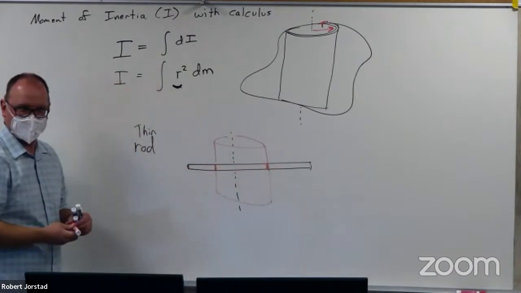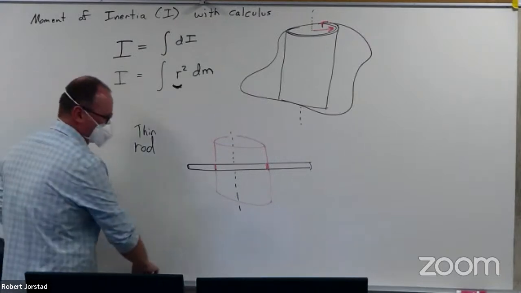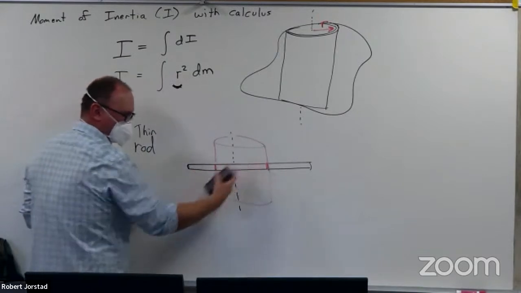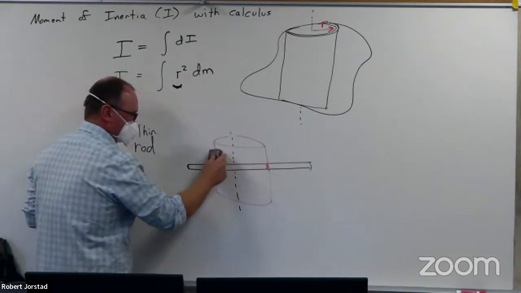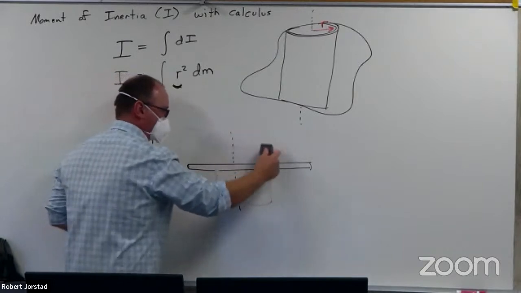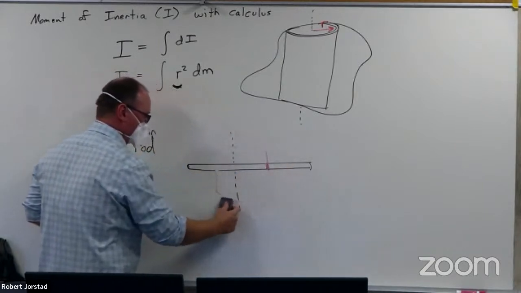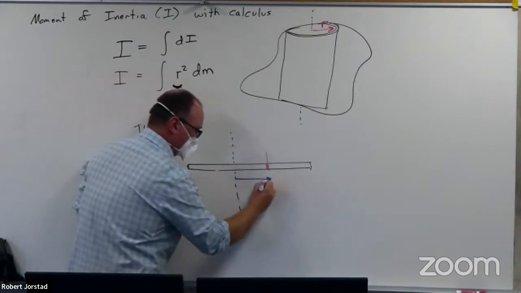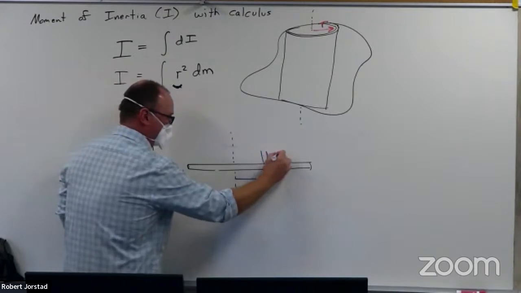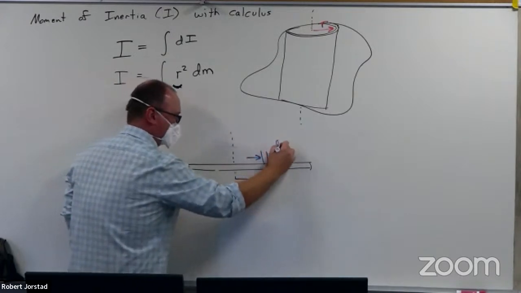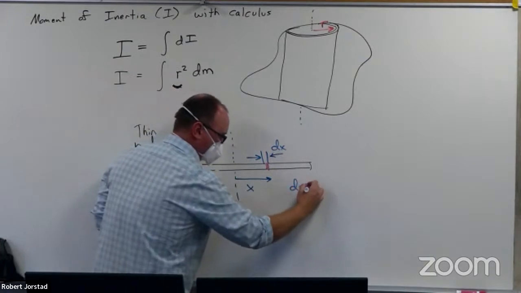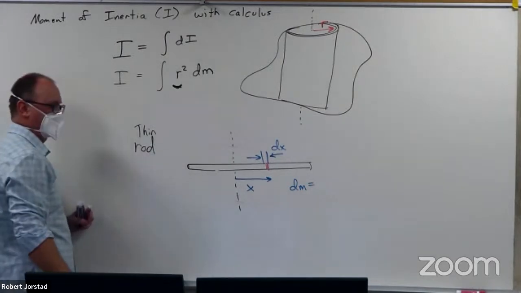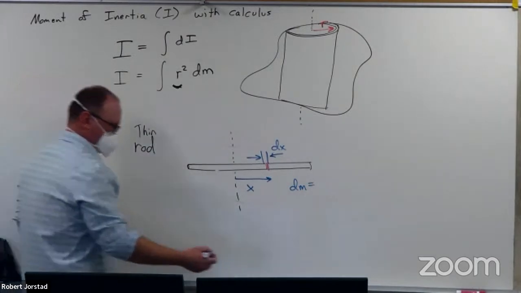So we cheat the system and say, instead of doing this integral, all I have to do is add up all the mass chunks. So I'm going to erase the cylinder completely. This is a good time to have that ghosting. So this is a distance x. The thickness here is dx. What's dm, from calculus or from center of mass calculations, for a one-dimensional object that looks like this? Lambda dx.